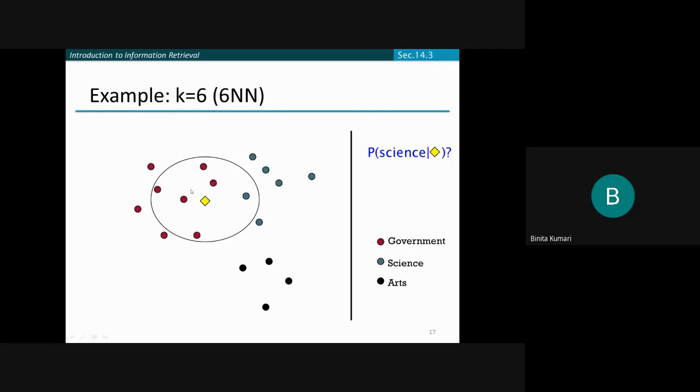So more documents from the government class are having similarity with this new test document, and therefore this will be allocated to the government class.